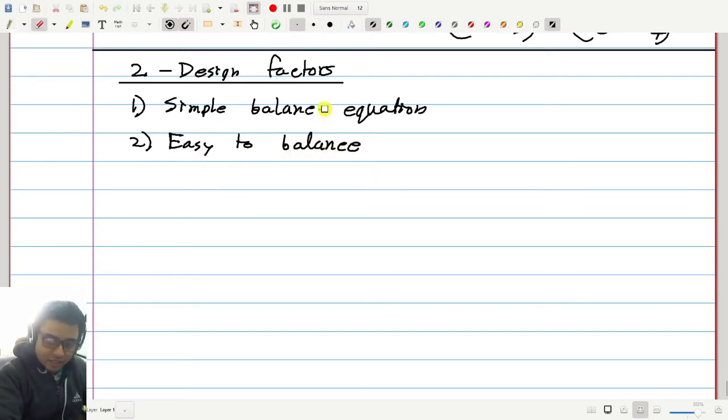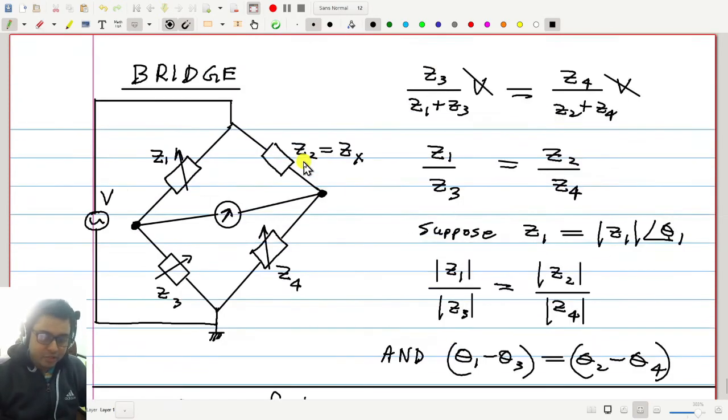Okay, there are reasons for this. Suppose you design a complicated bridge, where if this is your unknown, you can put any other impedances here, L, R, C, complex combinations, and then you vary them, and you can do very complicated things.